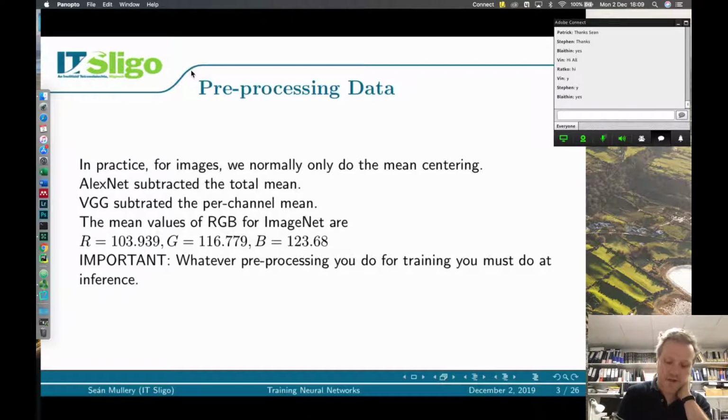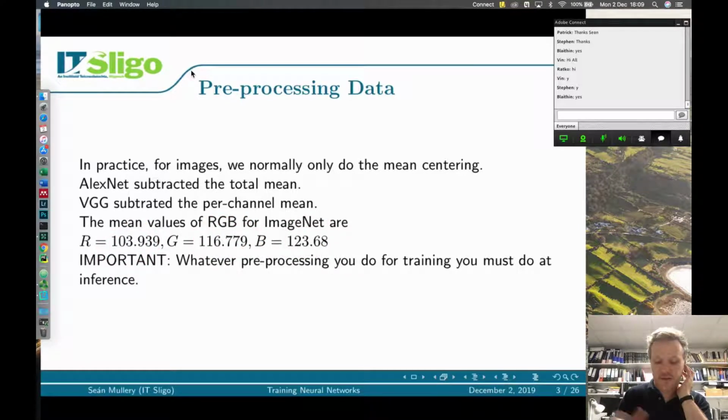AlexNet just subtracted the total mean of all of the pixels in all of ImageNet, effectively. VGG subtracted the mean per channel. In other words, they calculated a separate mean for red, a separate mean for green, and a separate mean for blue, and you can see those mean values there.